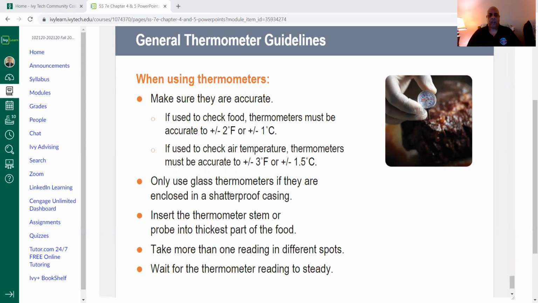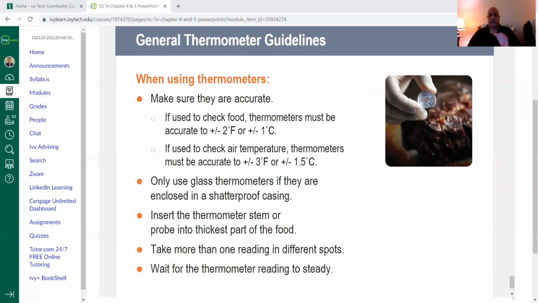If used to check food, thermometers must be accurate to plus or minus 2 degrees Fahrenheit or plus or minus 1 degree Celsius. If used to check air temperature, thermometers must be accurate to plus or minus 3 degrees Fahrenheit or plus or minus 1.5 degrees Celsius.